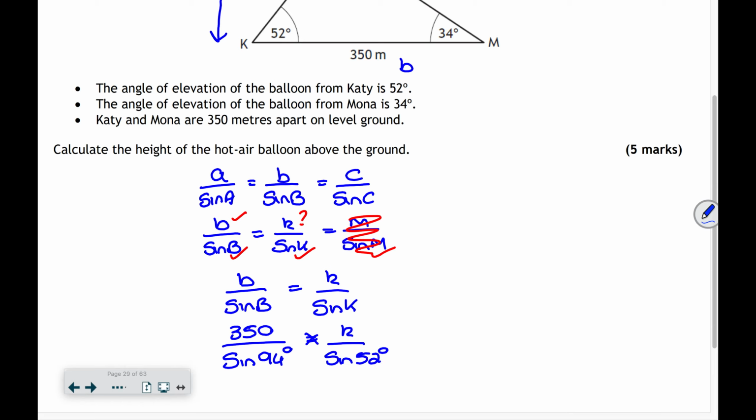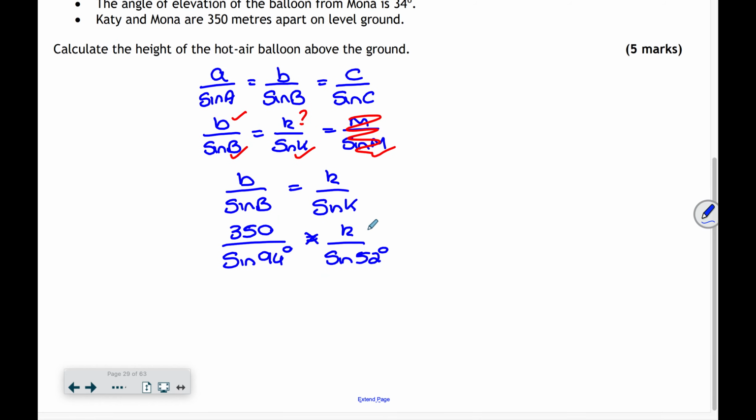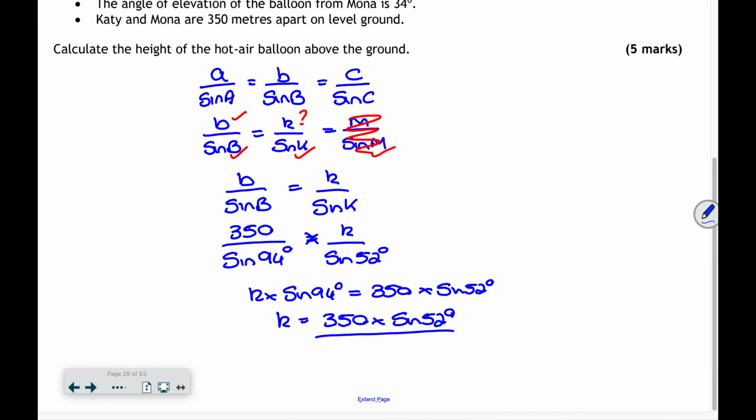So cross multiply, so that will be K times sine 94 is equal to 350 times sine 52. So K is going to be 350 times sine 52, all divided by sine 94.